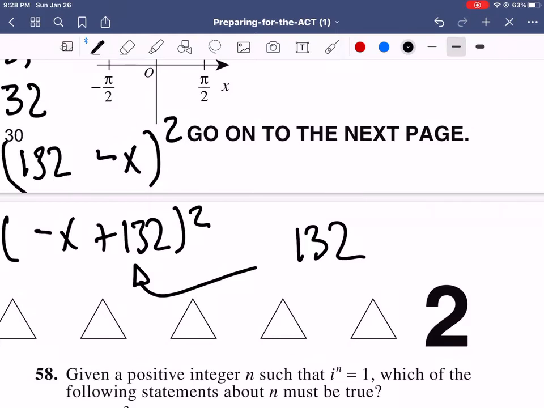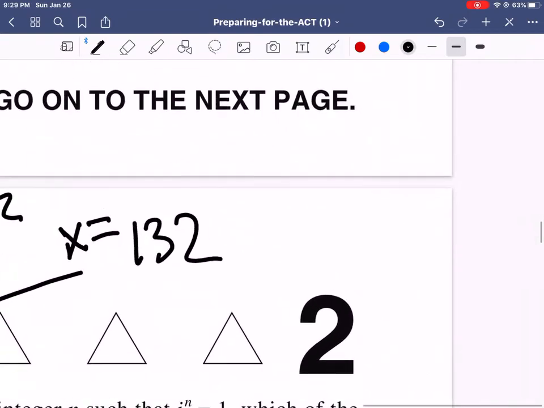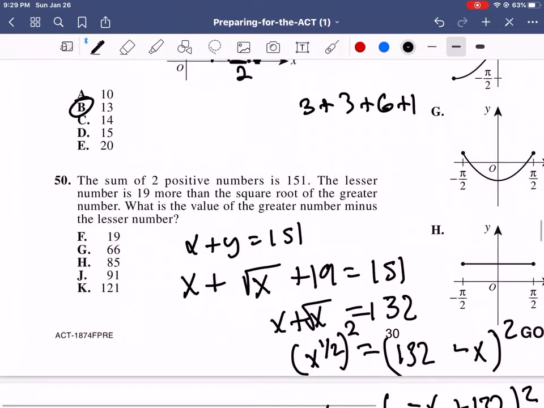How did I do this? I don't think I finished this one. The sum of two positive numbers is 151. The lesser number is 19 more than the square root of the greater number. What is the value of the greater number minus the lesser number? Oh, I get it now. So x equals 132. Wait.